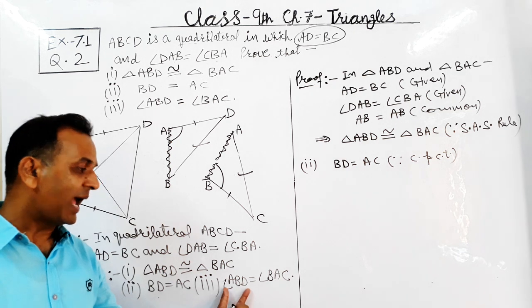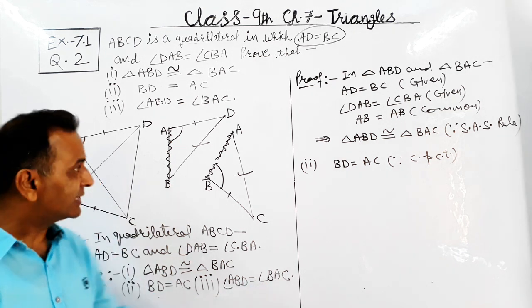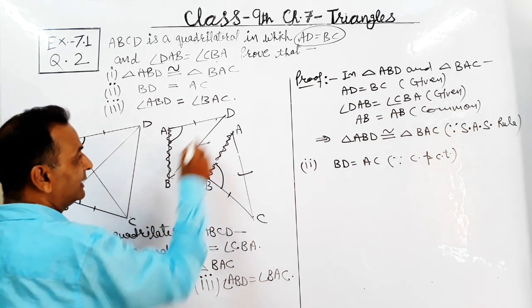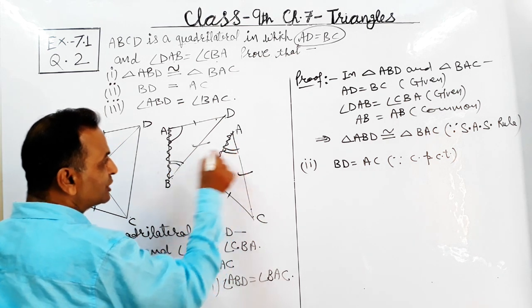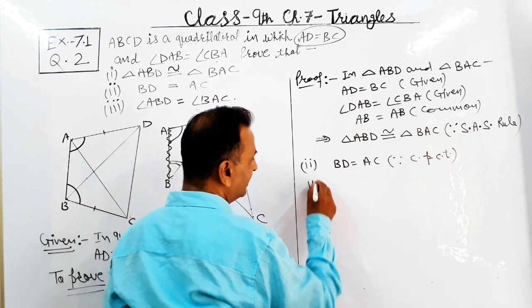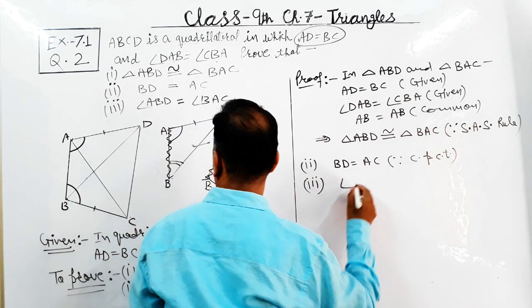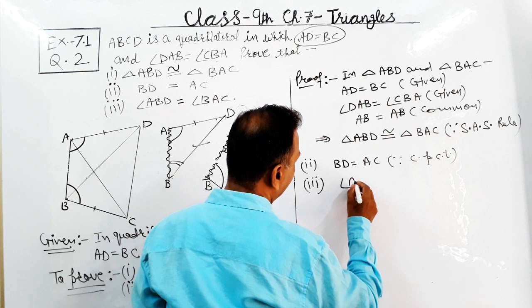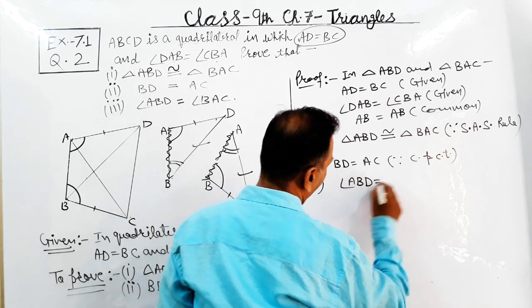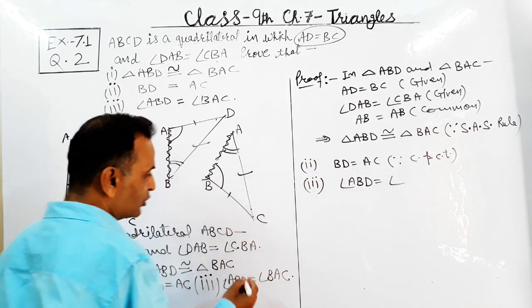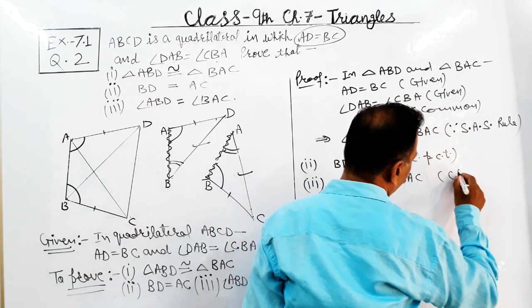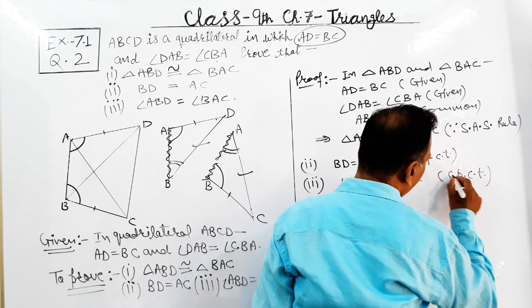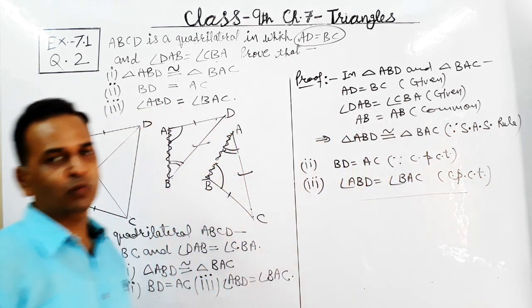Similarly, the third one, angle ABD equals angle BAC. Angle ABD, this one, and angle BAC, this one, are also equal to each other. Again the same reason, by CPCT they are also equal.